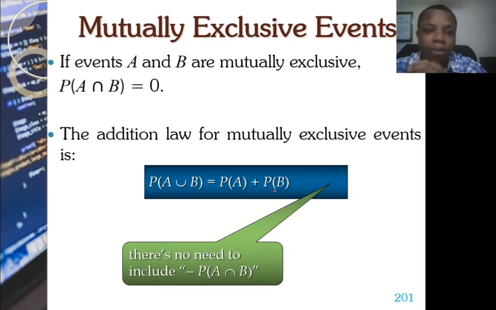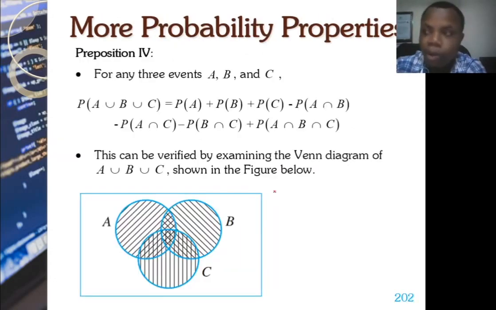Now with these laws and these Venn diagrams we've been doing, we've been taking a look at two events. But what if there are three or more events? So let's look at three events for now. Suppose that there happen to be three events, let's say A, B, and C. You could also determine their union, which is the same as their sum.